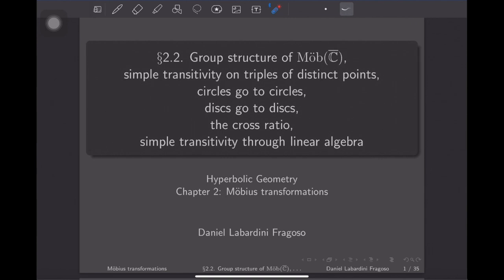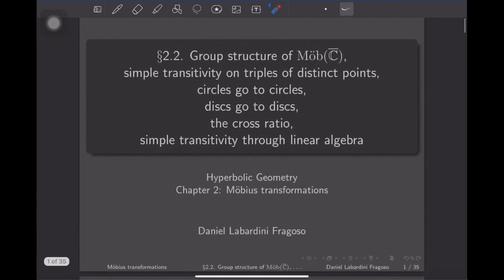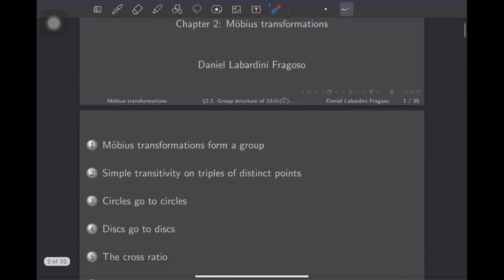So we already saw that the Möbius transformations of the complex projective line form a group. And now I'm going to start saying some words about the group structure of the Möbius transformations of C bar.